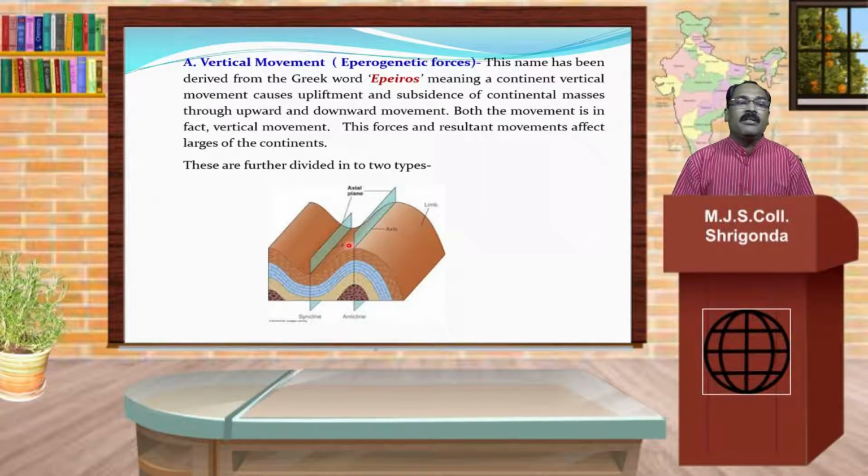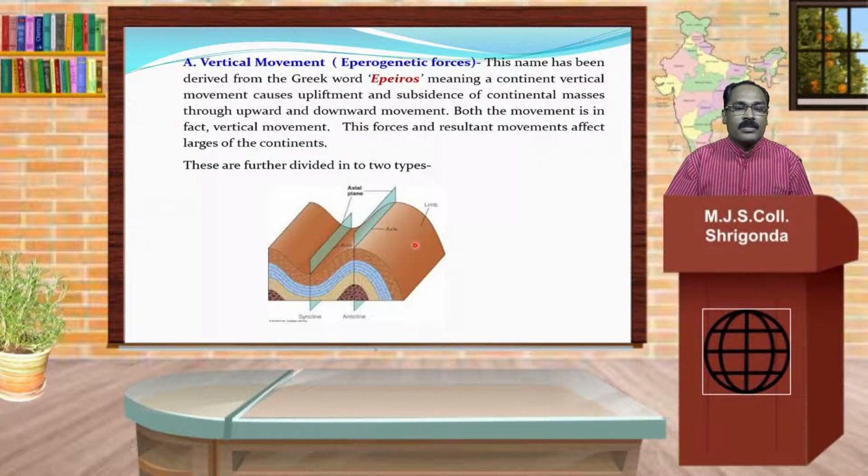This name has been derived from the Greek word epiros, meaning continent. Vertical movements cause uplift and subsidence of continental masses through upward and downward movements. Both of these movements are in fact vertical movements.